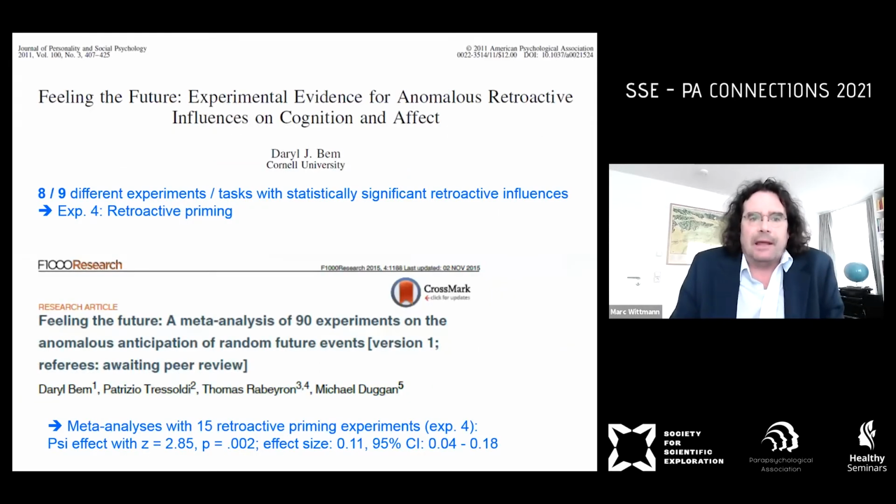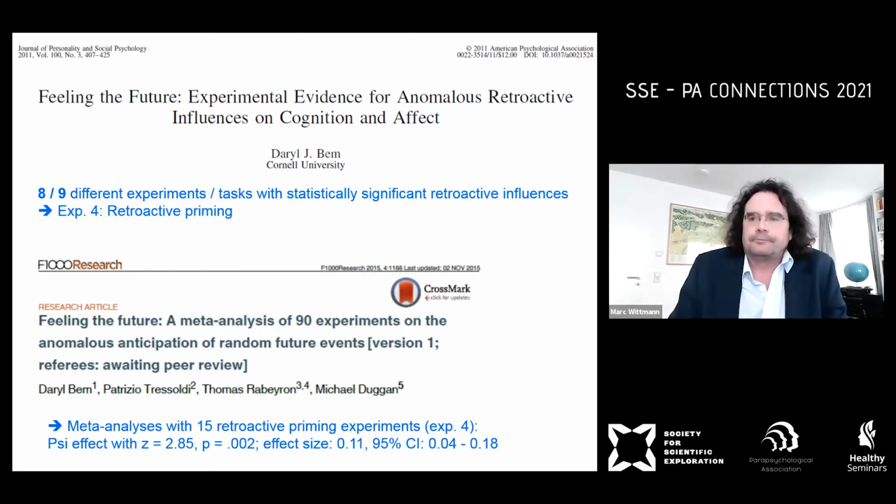So Daryl Bem in 2011 had this seminal paper where he showed in 8 out of 9 different experiments, or tasks, that he had retroactive influences, so coming from the future a few seconds to minutes away. And these were in 8 out of 9 cases statistically significant. And we will be looking at experiment 4, the retroactive priming task.